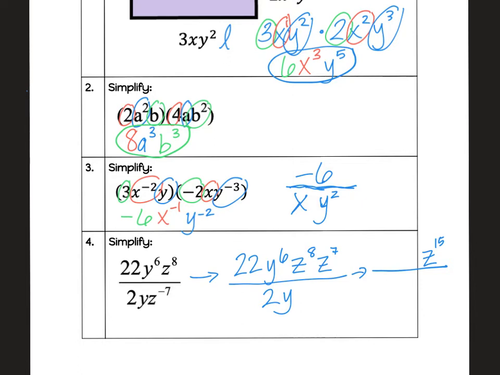So I'm going to have my remaining y's in the numerator, and I'm going to have 5 y's. So I'm going to write y to the 5th. I'm not going to have any y's in my denominator. And then I can divide 22 by 2. That'll give me 11. So I no longer have a denominator, or my denominator is 1, I should say. So this is the most simplified version.